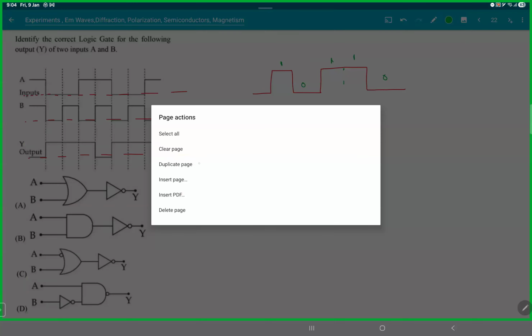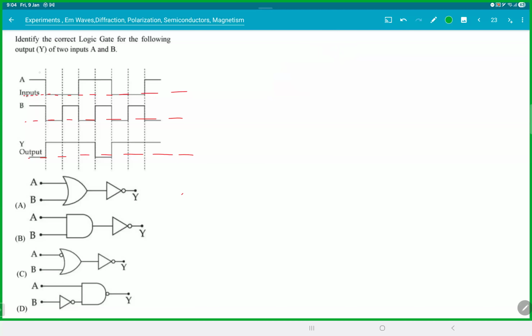So now if you try to read this, this is 1, 0, 0, 1, 1, 0, 0, 1. Here it is 1, 0, 1, 0, 1, 0, 1, 0. Output is 0, 1, 1, 1.